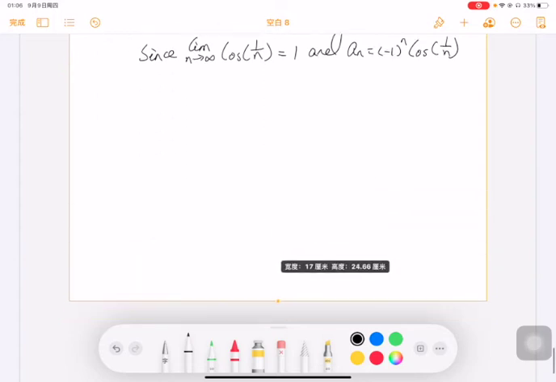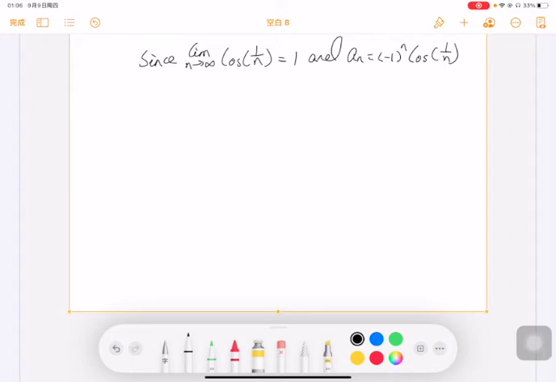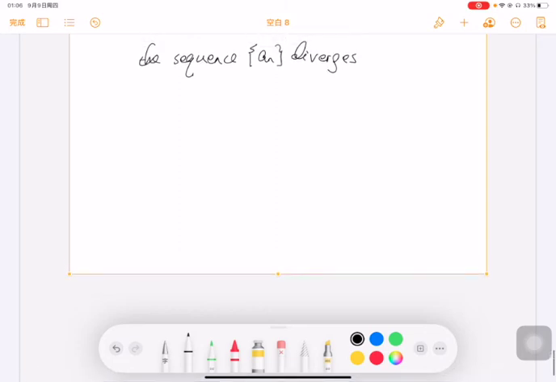So you get a sequence that's jumping back and forth. So that means it's not convergent. Okay, so that's problem 6.